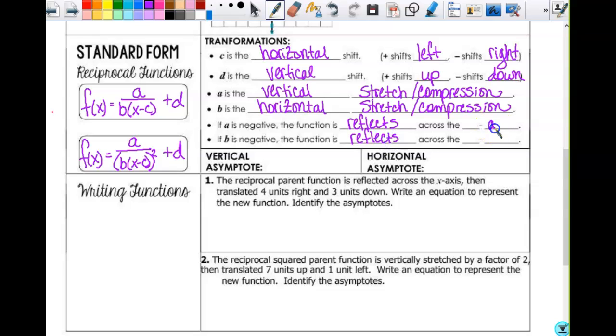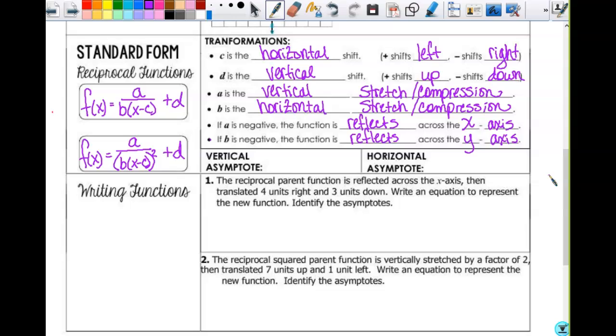And it's in some sort of axis, right? So B is in here before we actually square it, which means it affects x, and if I affect x, I actually reflect in the y-axis, right? So if B is negative, it reflects across the y-axis. If A is negative, it's the x-axis.